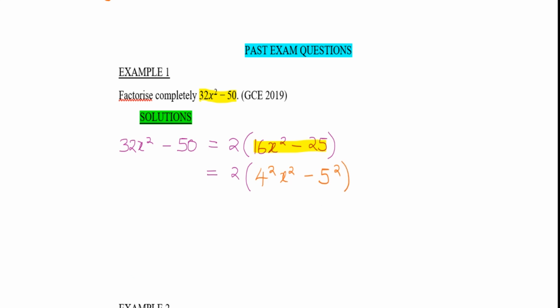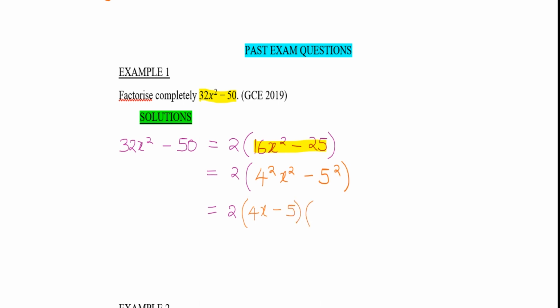We can proceed. Outside the brackets we have a 2 for what is in the brackets. For a difference of 2 squares, we write the first bracket to have a 4x, because those are the square roots of 16 and x squared respectively, minus the square root of 25. We said it's 5, and close the brackets.